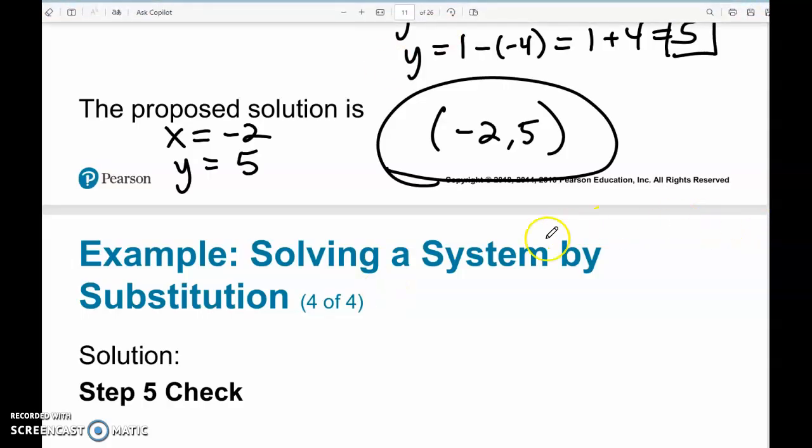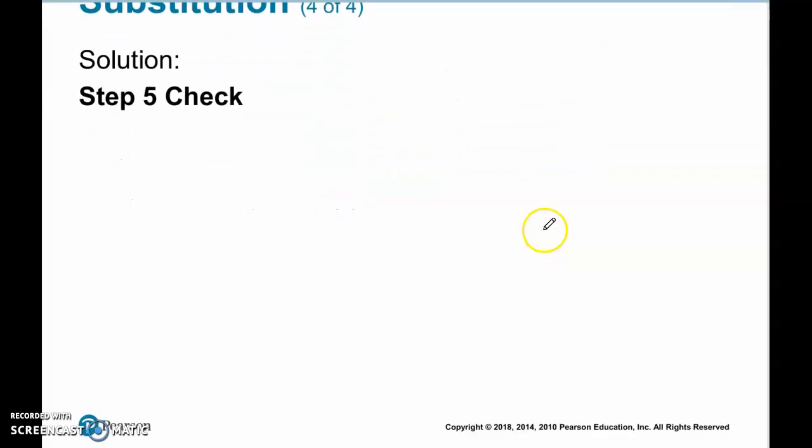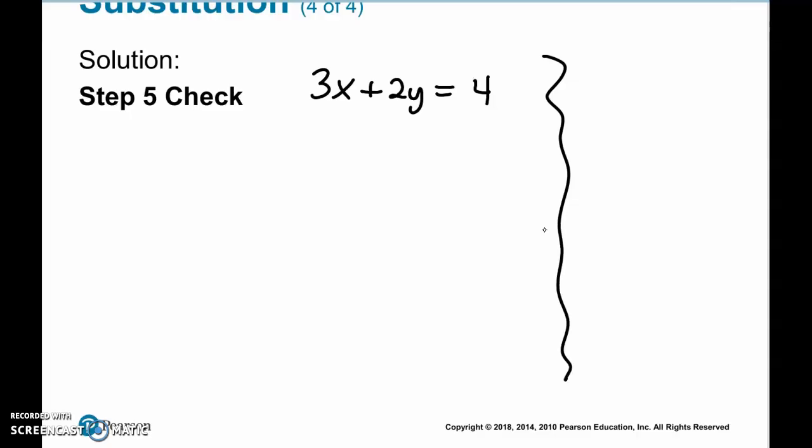And then the last step would be to check it. So taking this next page, and let's check the answer we got. So the first thing I need to do is write down the two equations I had. That was one of them, and this was the other. And I'll go back to the originals to make sure I didn't solve something incorrectly.